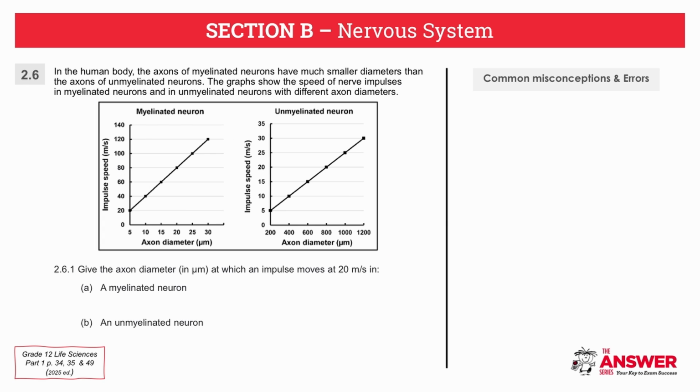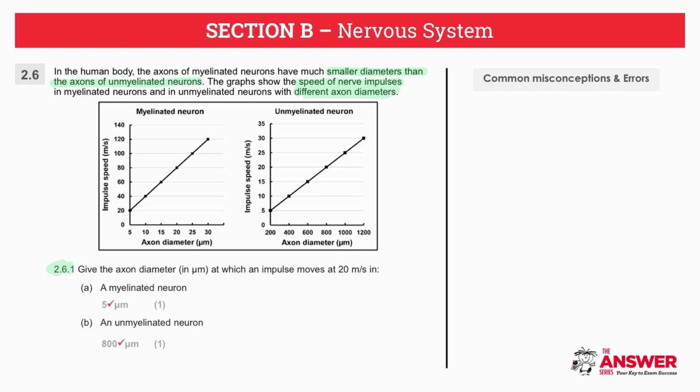Question 2.6 continues with the nervous system. In the human body, the axons of myelinated neurons have much smaller diameters than the axons of unmyelinated neurons. The graph shows the speed of nerve impulses in myelinated neurons and unmyelinated neurons with different axon diameters.